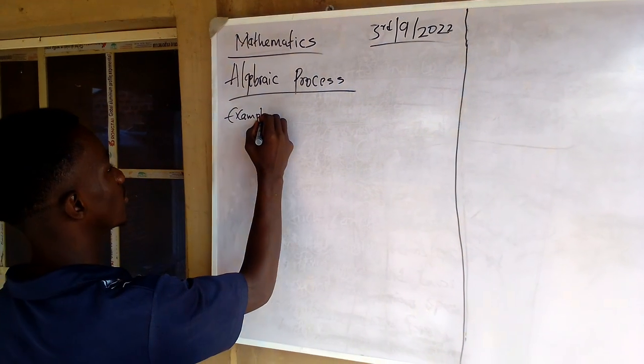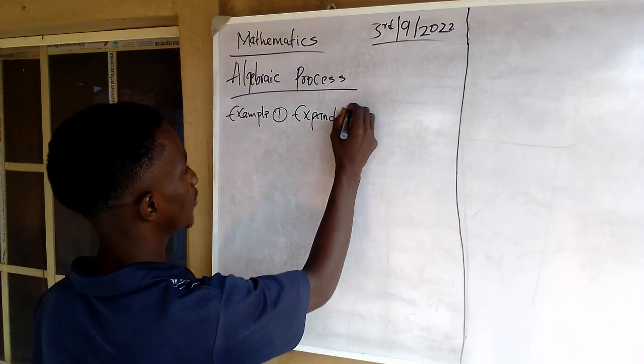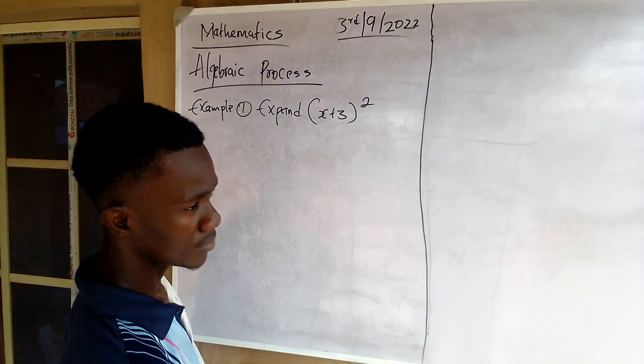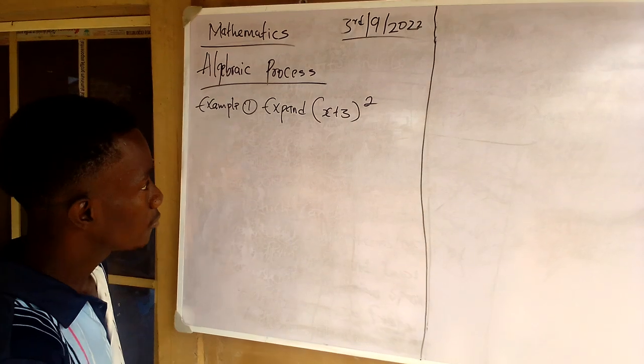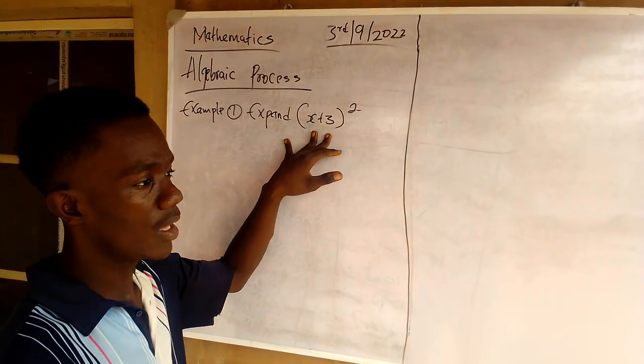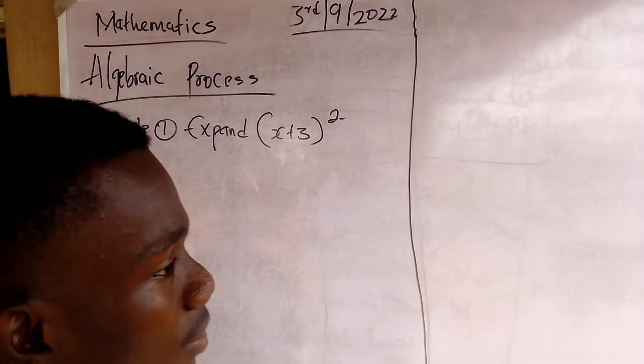Example 1 says: expand (x + 3) squared. When you see this word square, it talks about this number being represented in two places.